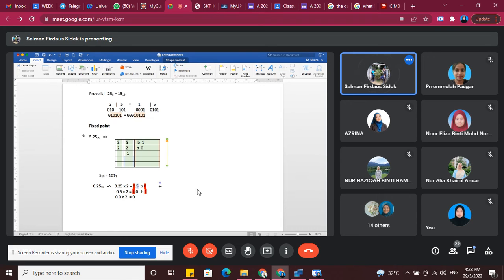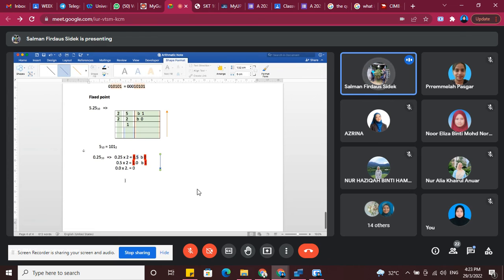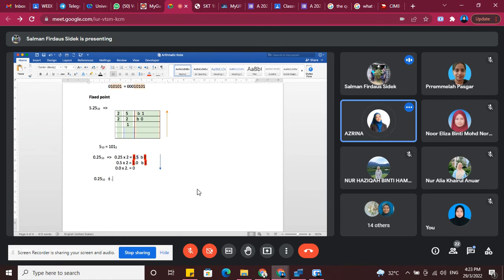So the representation of 0.25 in binary is 0.01.